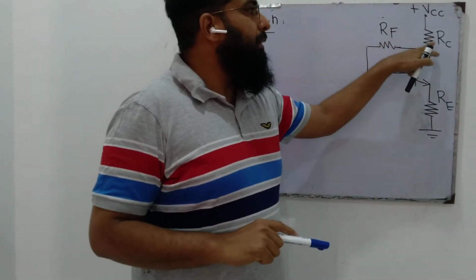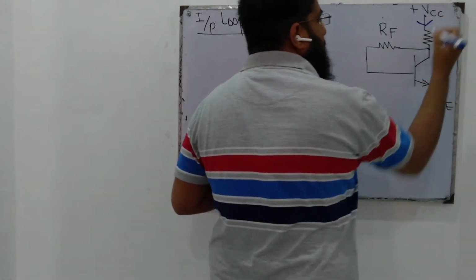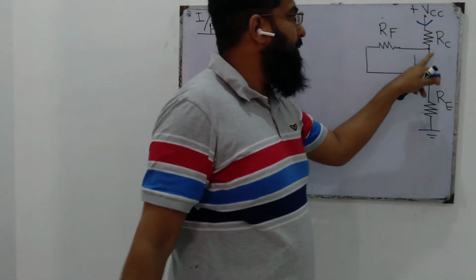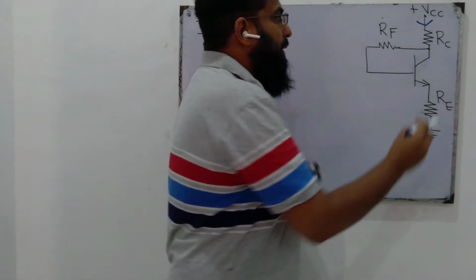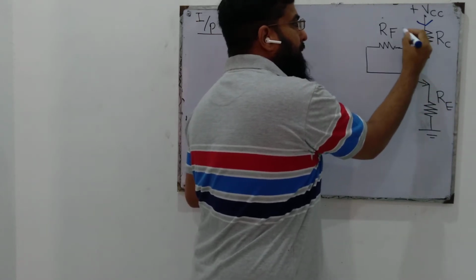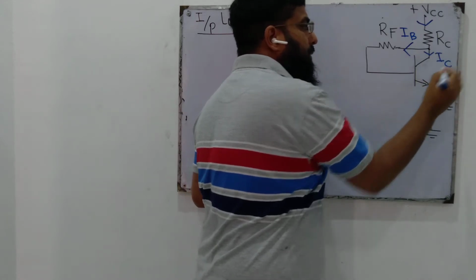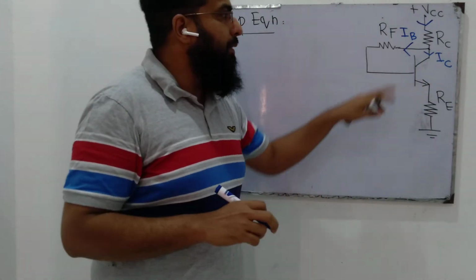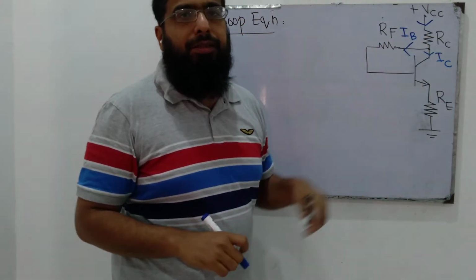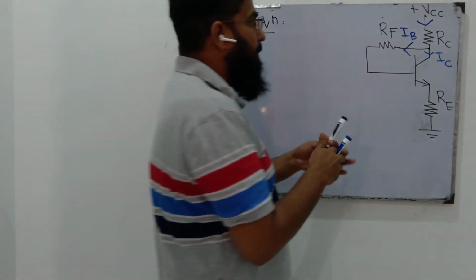If we assume a current flowing through this RC, we see that at this node, the current that enters splits into two parts: the current that flows through the base and the current that flows through the collector, IB and IC. So this current that flows through RC must be the sum of the two according to Kirchhoff's current law.